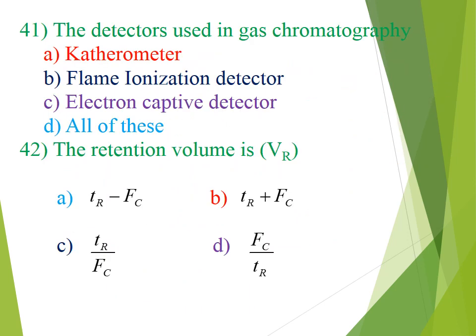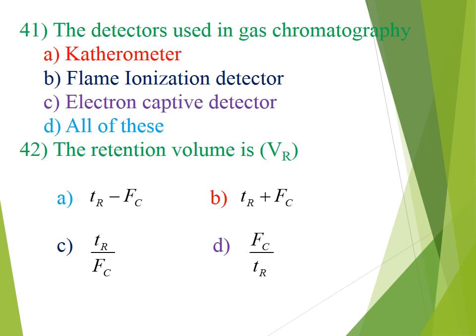Now we are going to discuss the objective type questions. Question number 41. The detectors used in gas chromatography: A. Katharometer, B. Flame ionization detector, C. Electron capture detector, D. All of these.